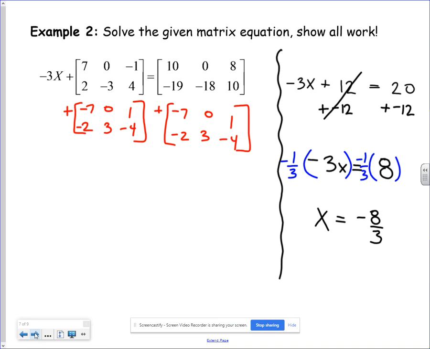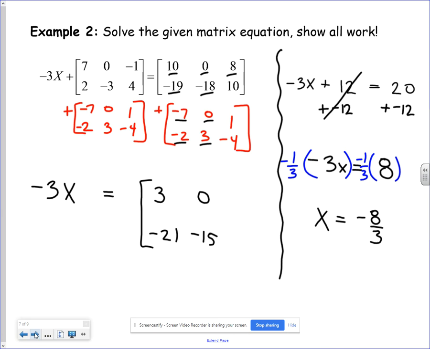So we have negative 3x is equal to 10 plus negative 7, 3, negative 19 plus negative 2, negative 21, 0 plus 0, 0, negative 18 plus 3, negative 15, 8 plus 1, 9, and then 10 plus negative 4 is 6.